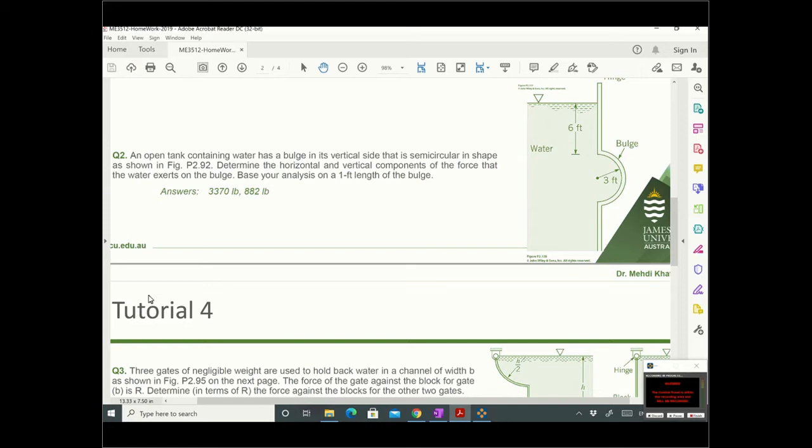Those two must be nullified in horizontal and vertical forces.